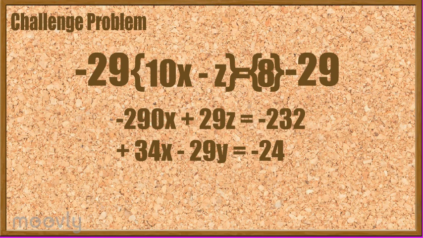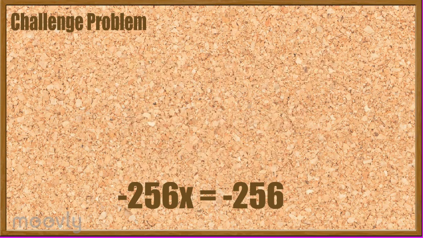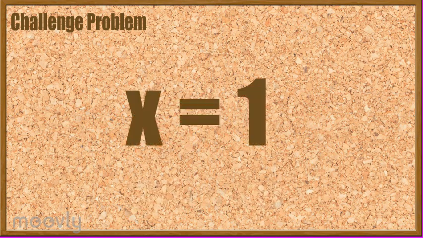Adding equation 5, you get 34x minus 29z equals negative 24, and equation 6 would equal negative 256x equals negative 256. So x would therefore equal 1.